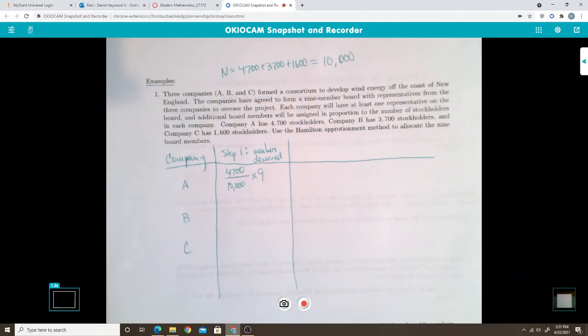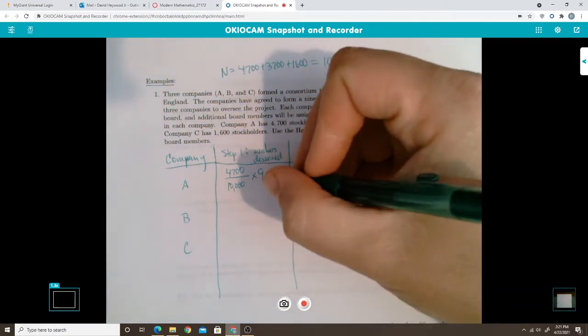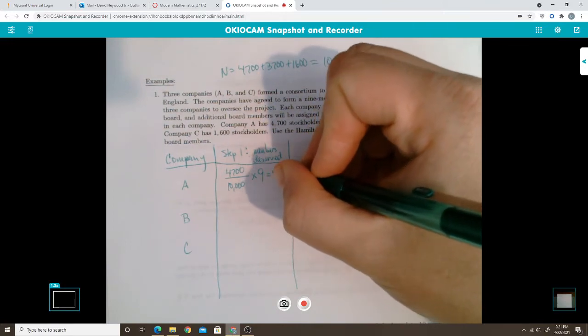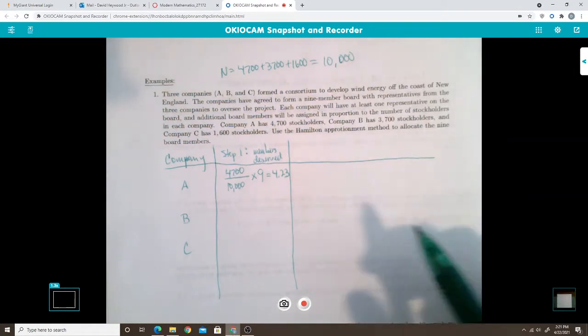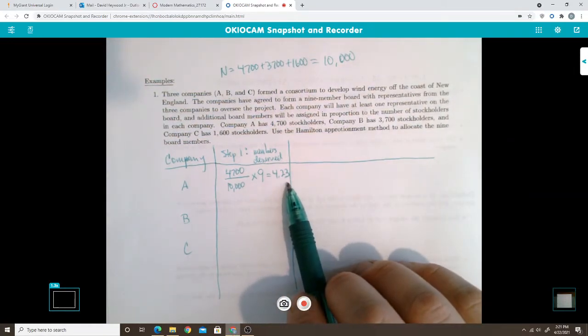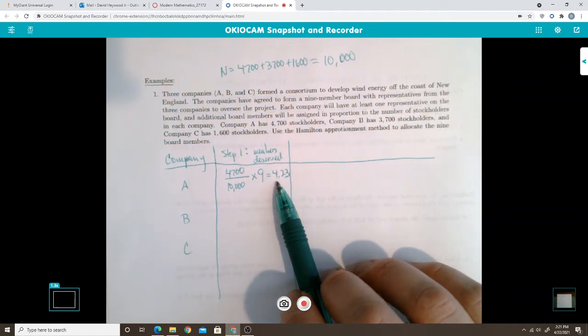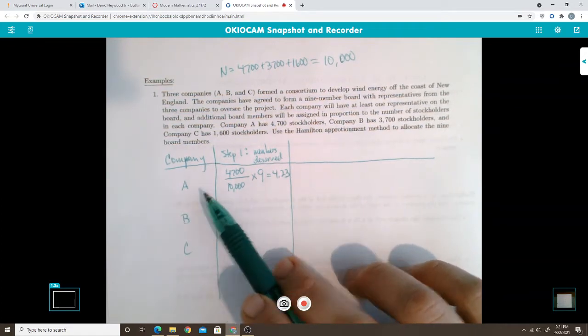Let's see, 4,700 out of 10,000 times 9. That comes out to 4.23. Okay, so company A deserves 4.23 members on the board. Well, obviously they're not going to have 4.23 members on the board, so we'll just assign 4 members on the board to represent company A.